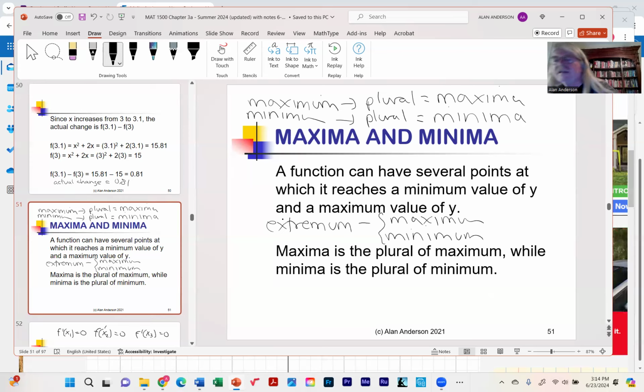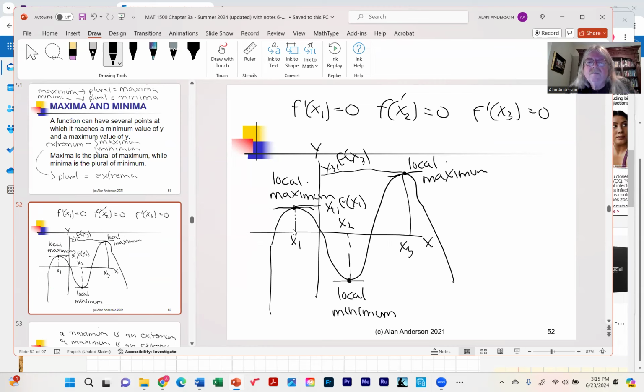All right. Here's a little sketch that I did. You can see this is some kind of polynomial that goes through ups and downs like a roller coaster. At x1, we reach a point which is called a local maximum. Why is it called that? There's another point where it reaches what appears to be a maximum, but that maximum is only in the neighborhood of x3.